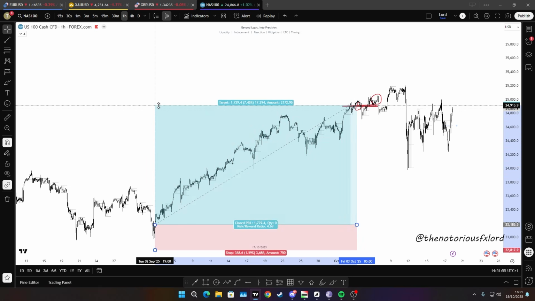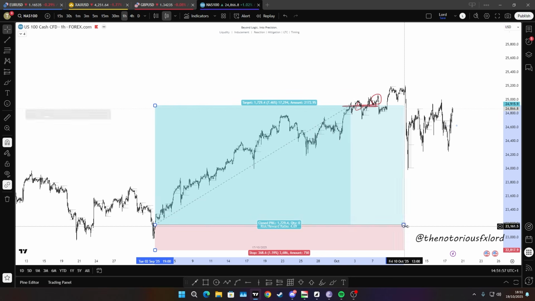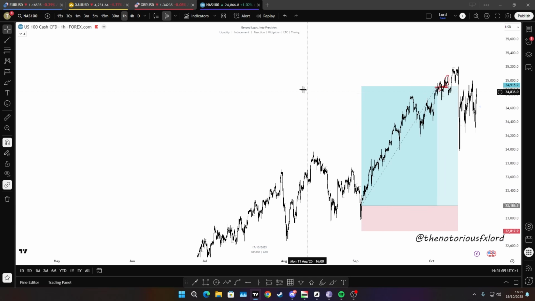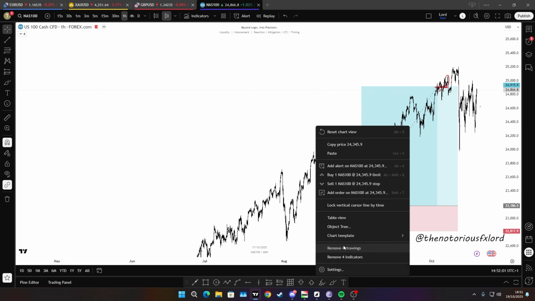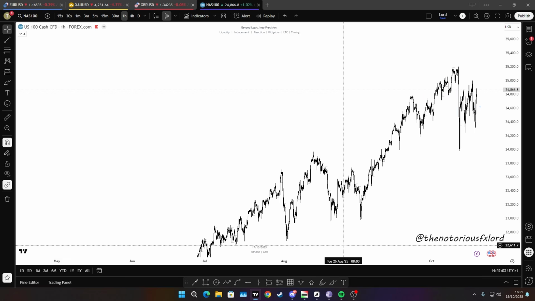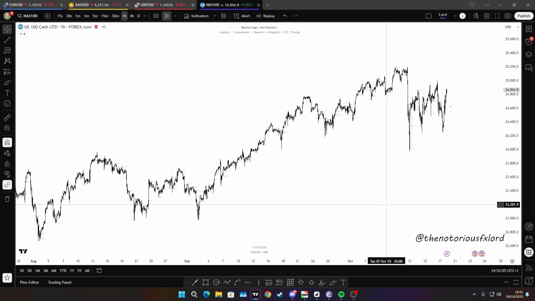Then for the next few days the market just chipped down. It was a good exit, a profit taking phase. You gotta know your exits. Exits are as important as your entries. You're going to see my trades hitting partials and then completely reversing. So again, your exits are very, very important.